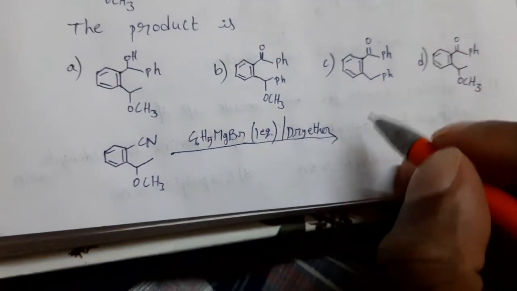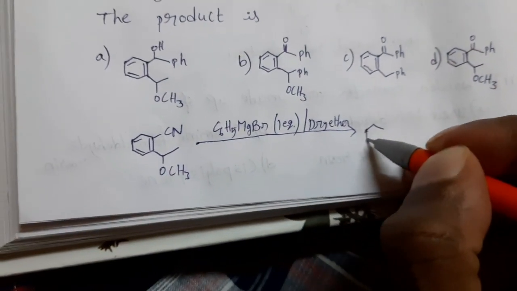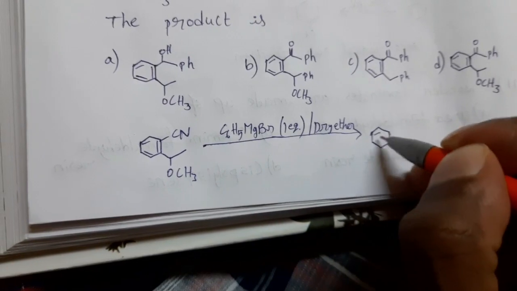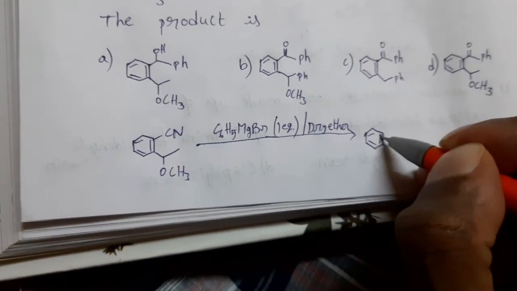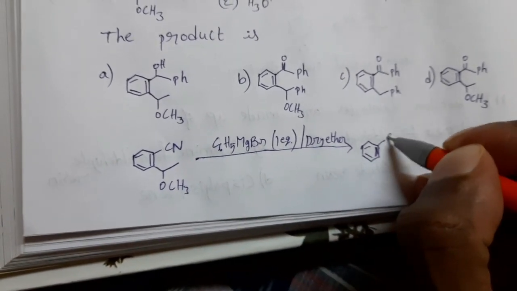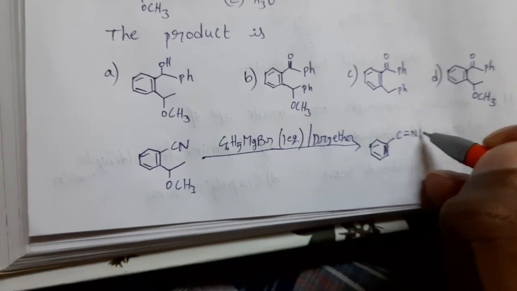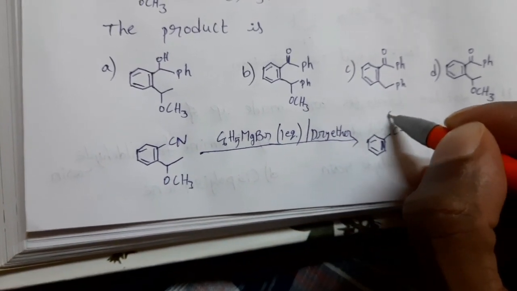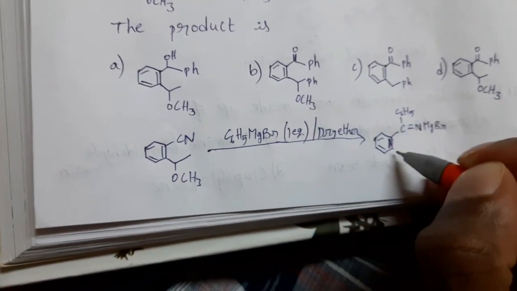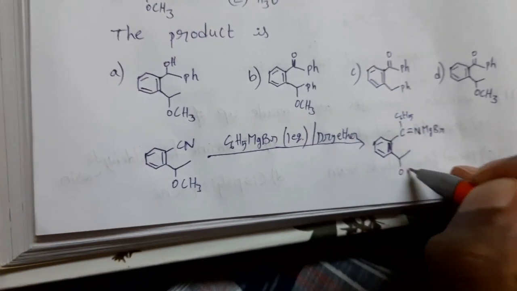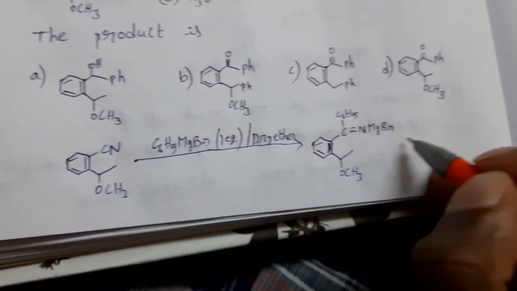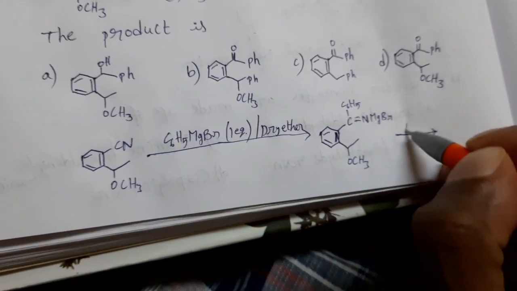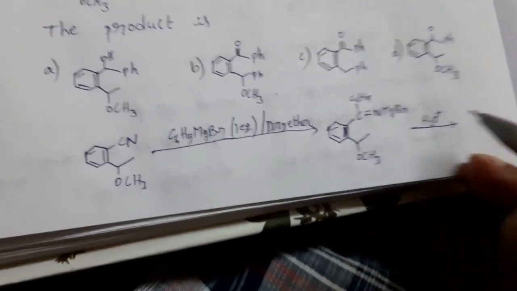Then we can get this: C=N MgBr, and for this the C6H5 group remains as it is, followed by acidic hydrolysis.